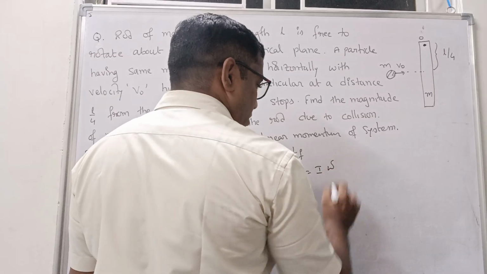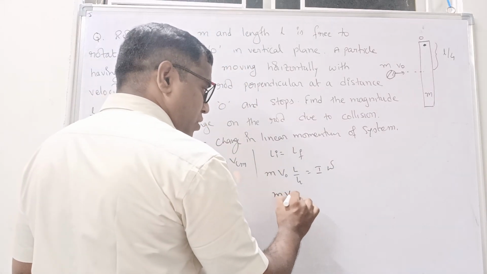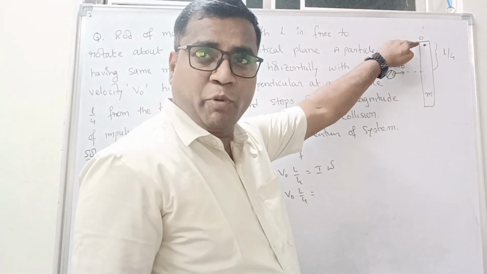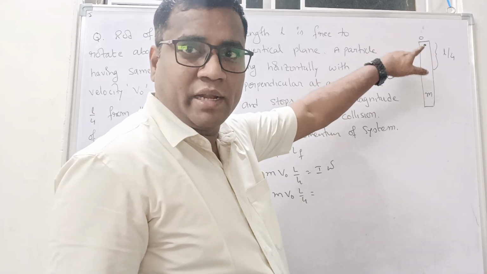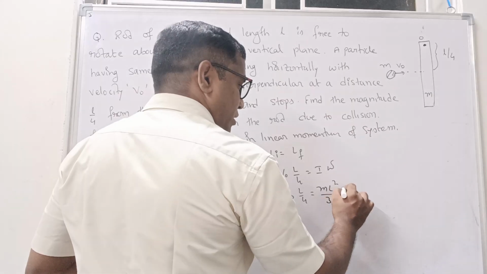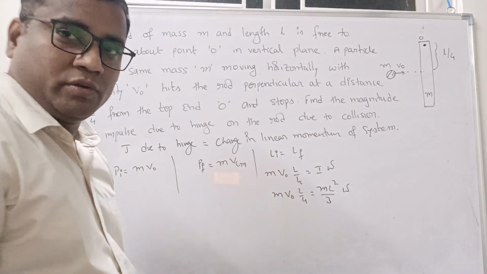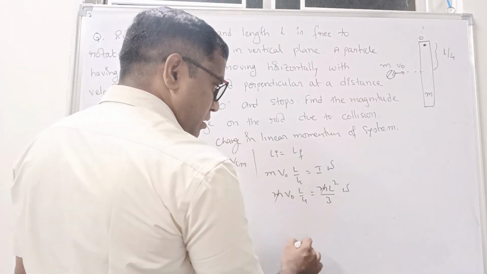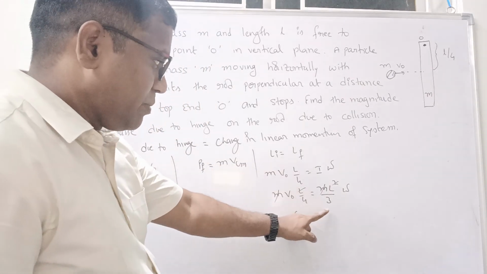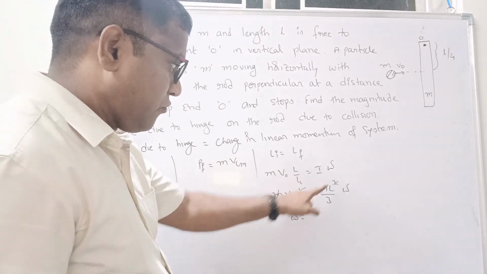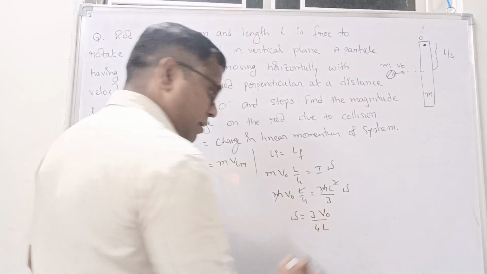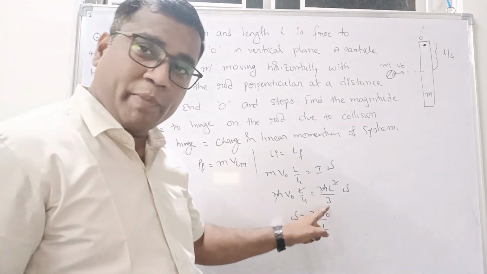So m v0 into L by 4 is equal to I, the moment of inertia of the rod about the hinge point, m L square by 3, into omega. The m cancels, one L goes, so omega is equal to 3 v0 by 4L.